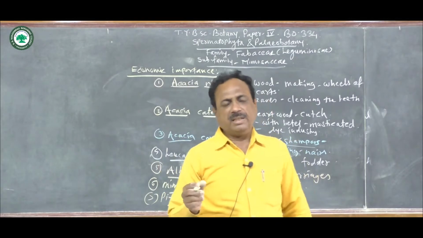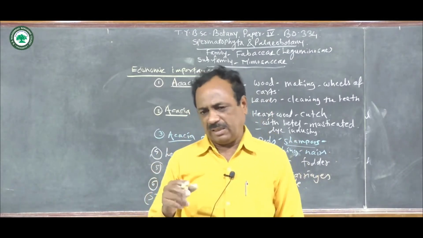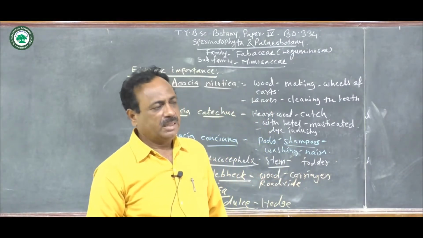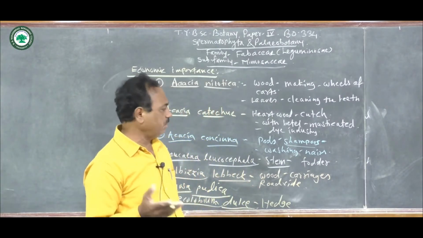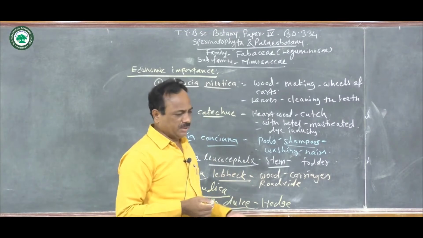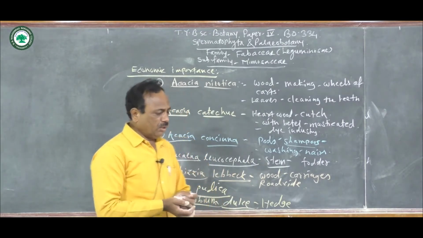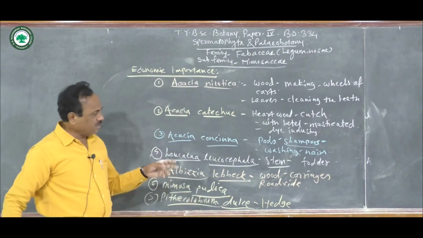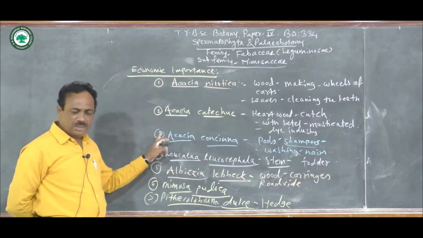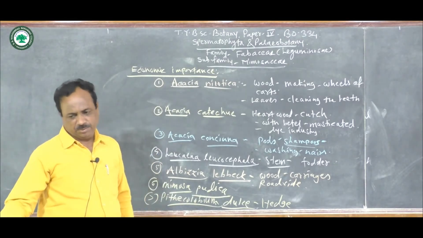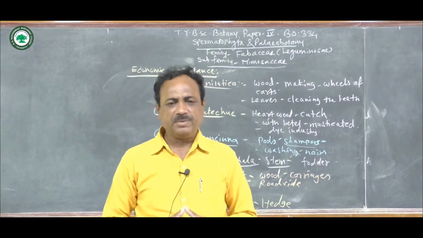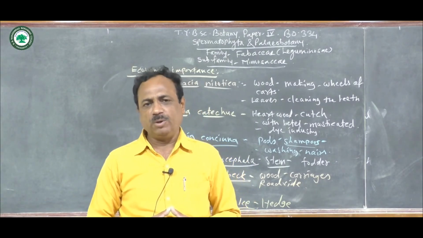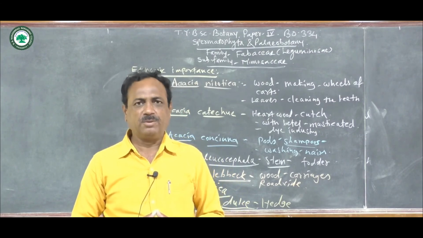The juicy aril surrounding the seeds is very delicious and edible, so it is used for eating purposes. So these are some plants which are economically important, and their uses. So this is about the family Mimosaceae. Now here I am going to conclude. Thank you very much.